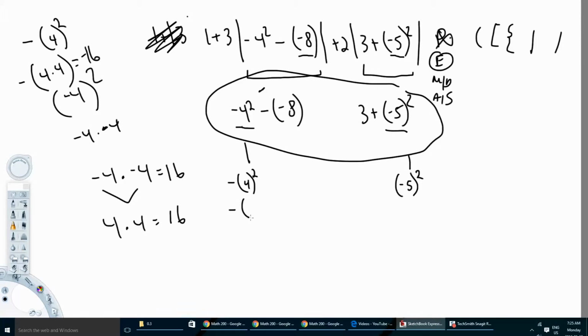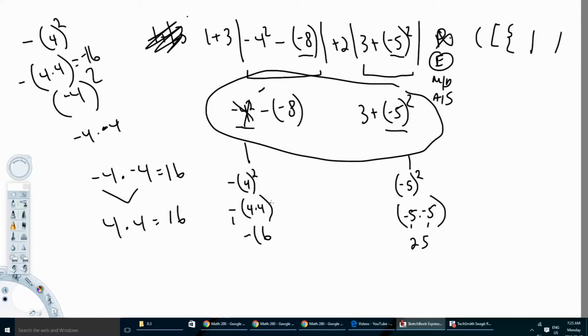So what this is saying is 4 times 4. What this is saying is negative 5 times negative 5. You see the difference here? So essentially, this will be minus 16, and this will be 25. That's the killer.